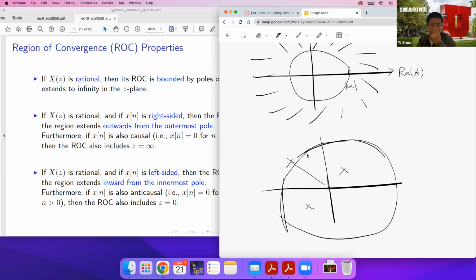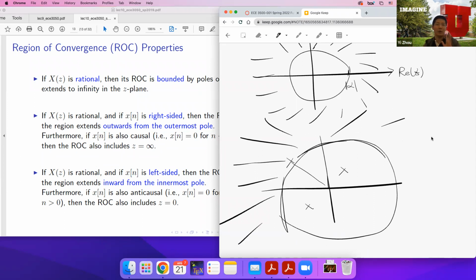The only possibility is that either the ROC extends outward from the outermost pole. Outermost means that it is the pole with the largest magnitude, the farthest away from the origin. Okay. This is one region where the ROC will not contain any poles.